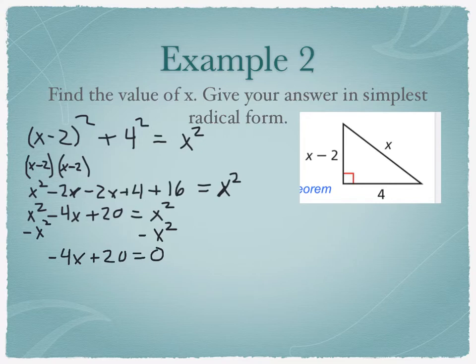What can we do next to solve for x? Subtract 20 from both sides. So we get negative 4x is equal to negative 20. What do we do next? Divide by negative 4.